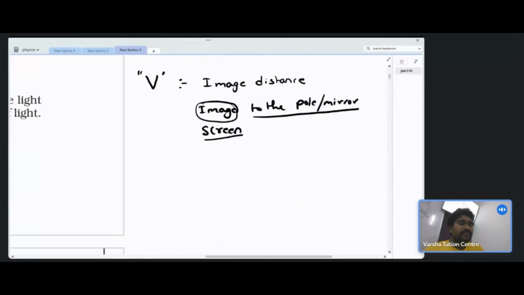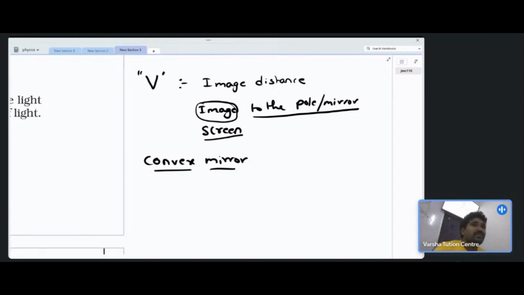And keep one point in mind. We know convex mirror, the image is formed on which side all the time? The image, whatever is going to form, is a virtual image. Clear that thing now?